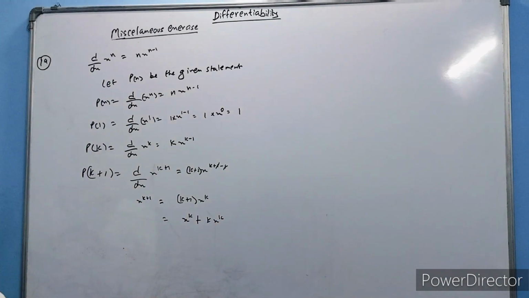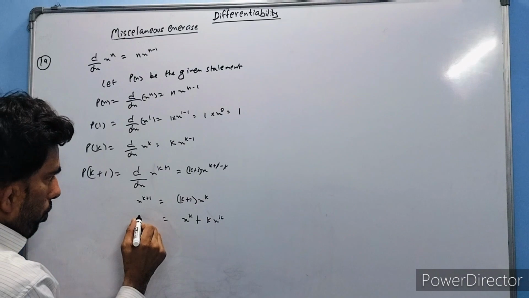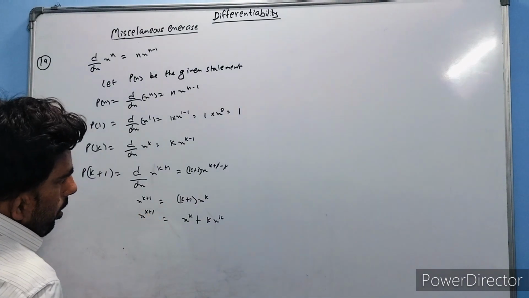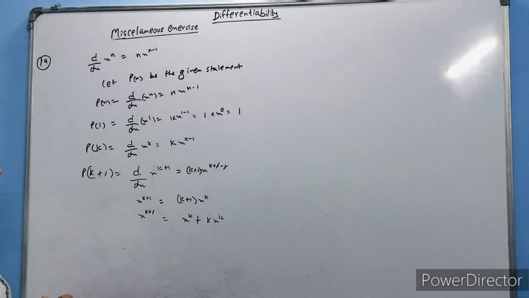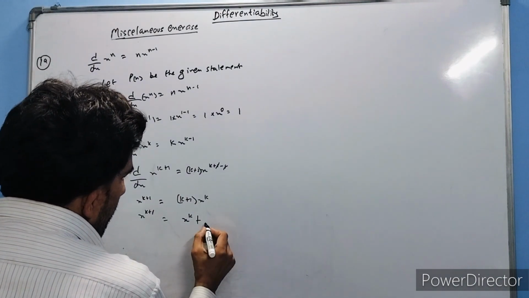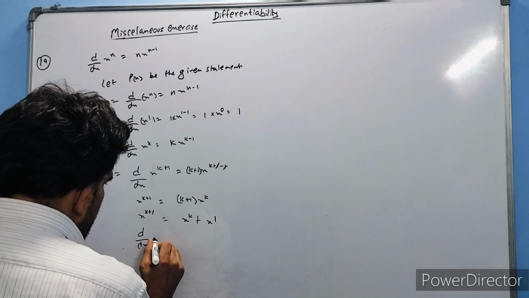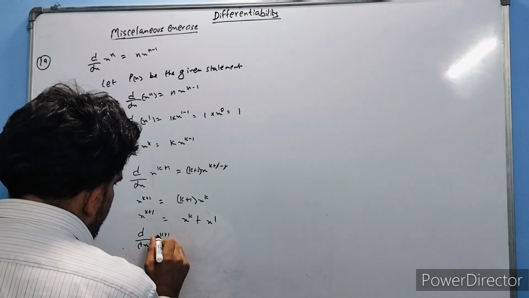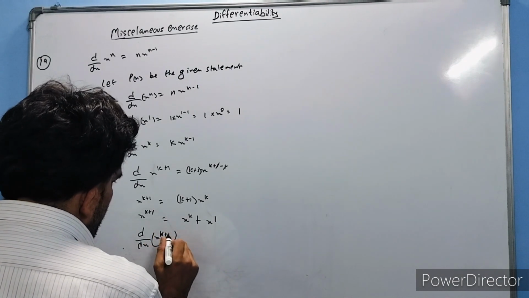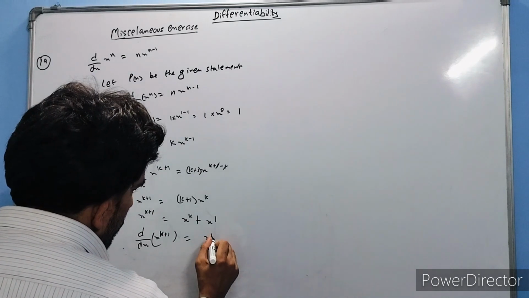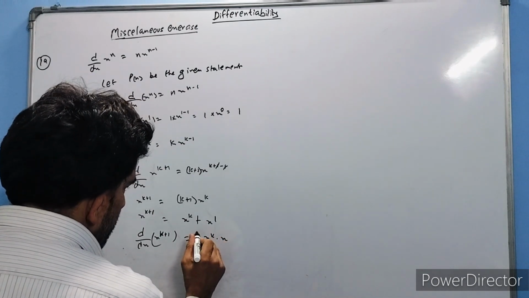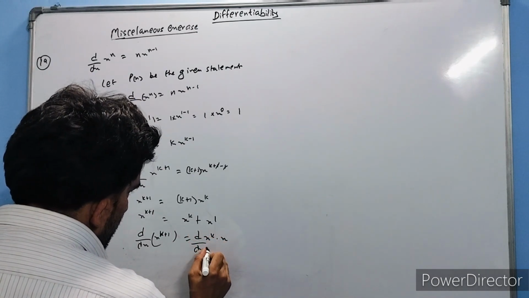Now I will take d by dx of this. So now we can write d by dx of x^(k+1) is equal to x into k into x, d by dx.